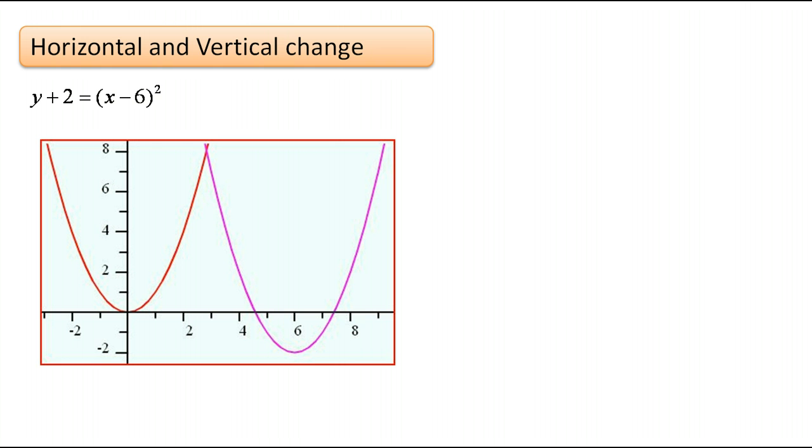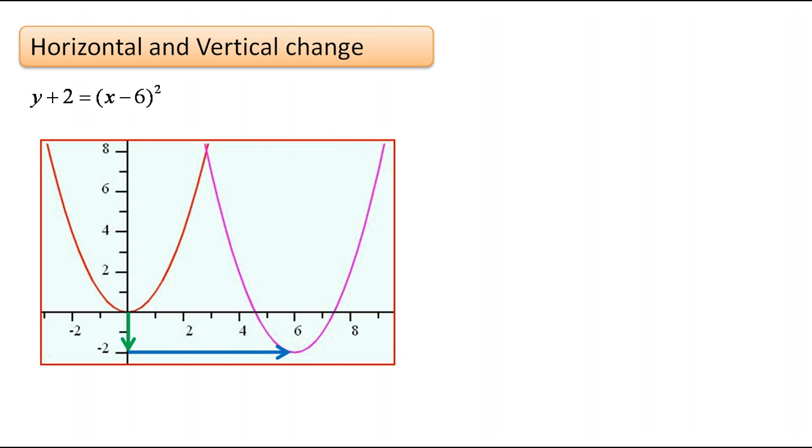So x is subtracted by 6, which is going to move it 6 units to the right. The y that affects the vertical change is being added by 2. So normally you'd think again, yeah, it moves it up 2 units, but it's opposite what we normally think, so it's actually down 2 units.